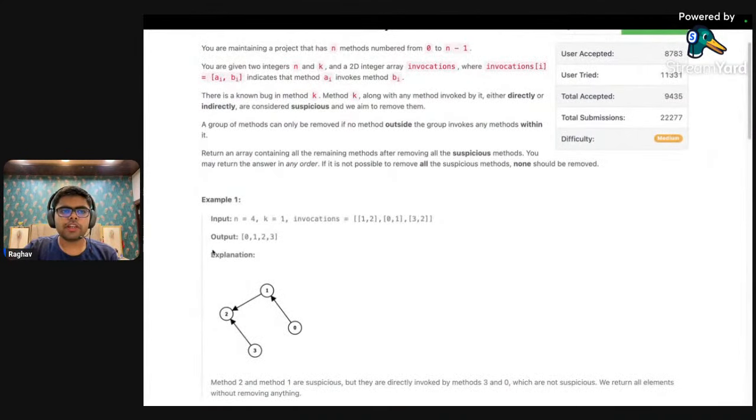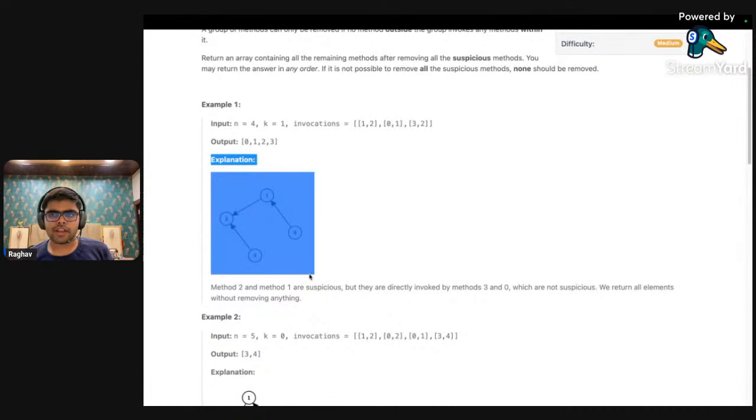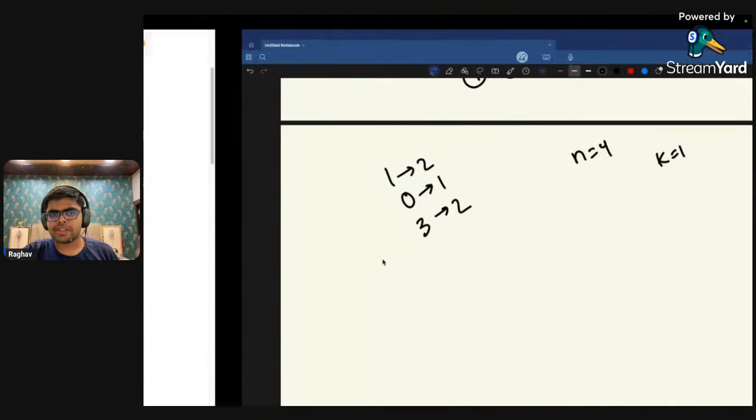The problem has already given us a good hint by representing this invocations array as a graph. This has already given us a hint that maybe we can also represent it as a graph.